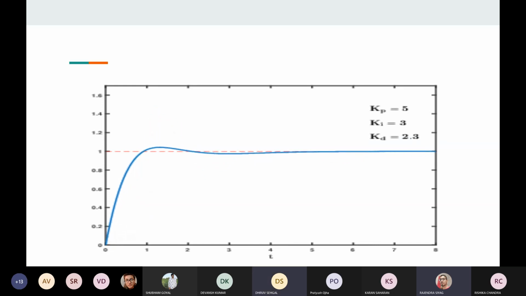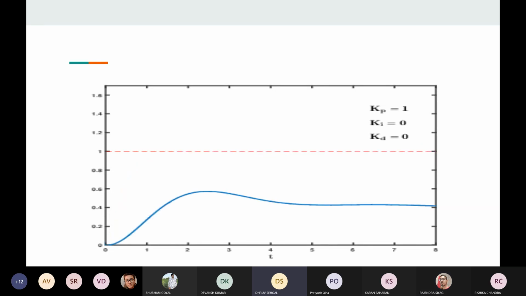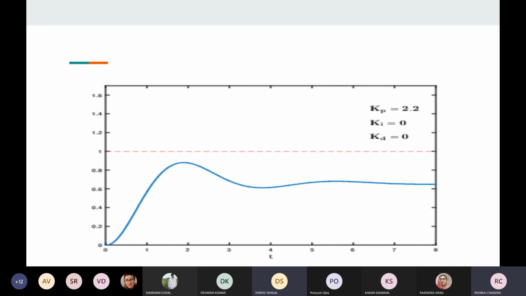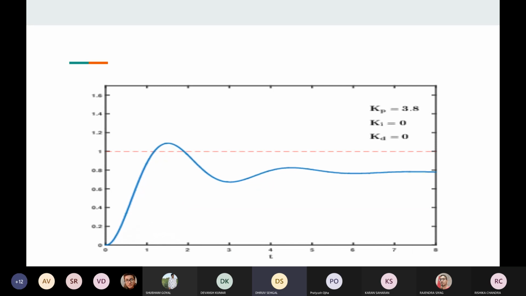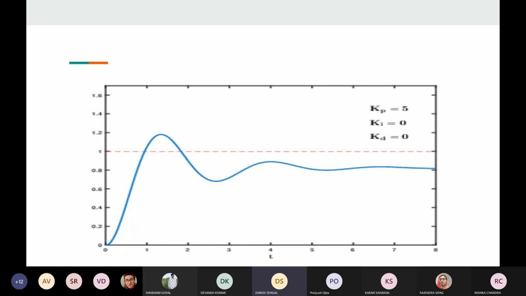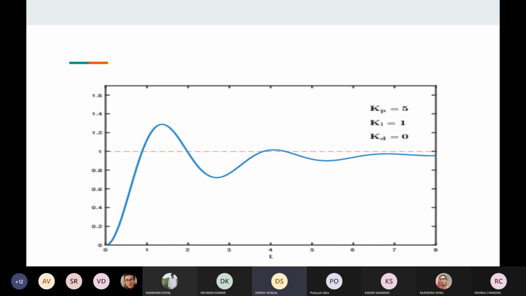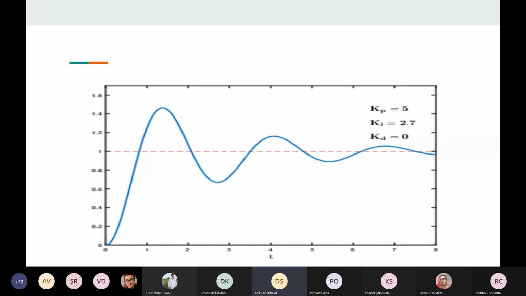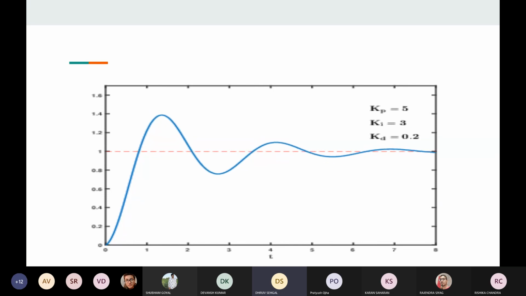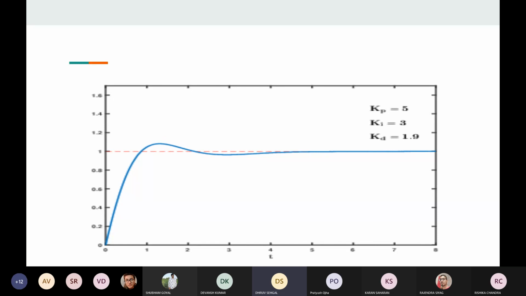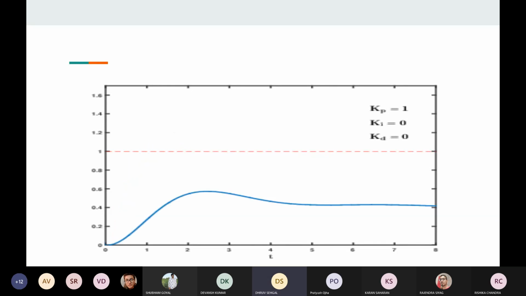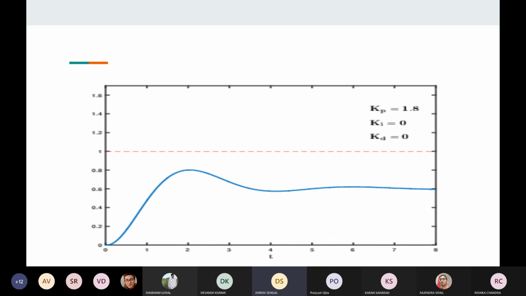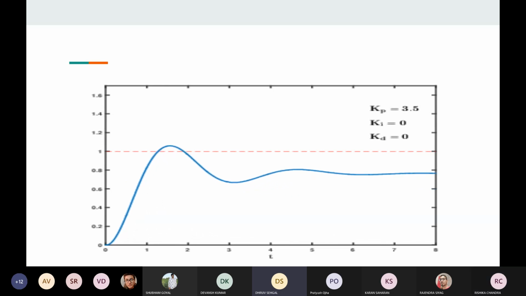Actually, the physical significance of this differential error is this: KP and KI act such that if the error is positive or negative, they provide correction corresponding to that. But KD checks whether the error is increasing or decreasing, and so it will provide a counter correction.